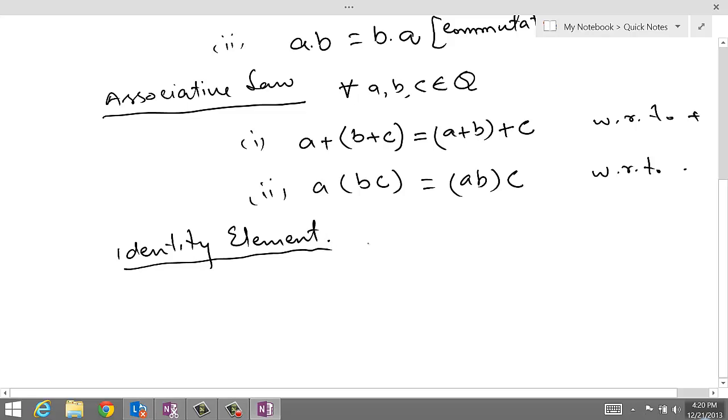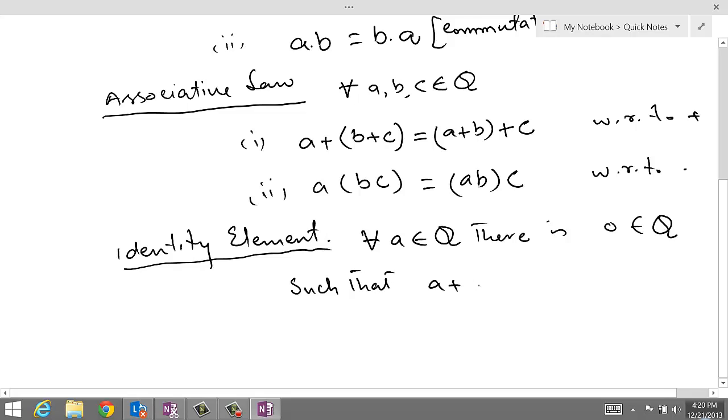So we say that for all a belonging to Q, that is, for any rational number, there is 0 belonging to rational numbers such that a plus 0 or 0 plus a is again a.